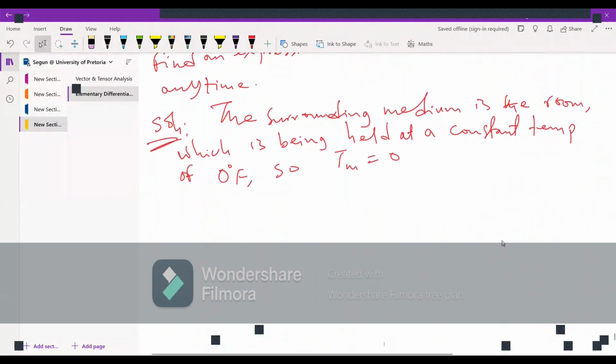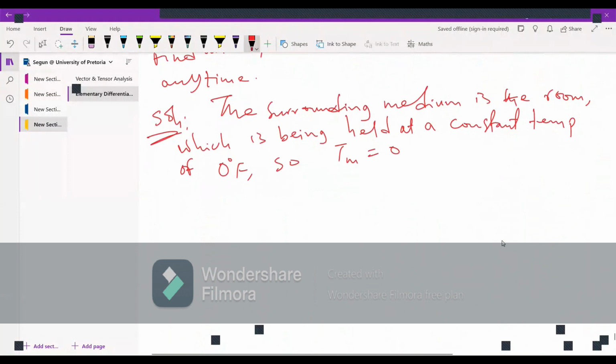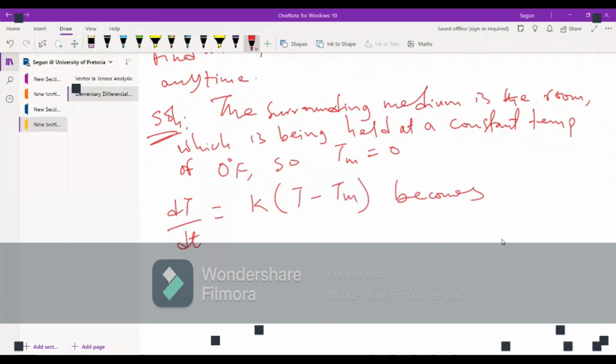Then dT/dt equals K(T minus Tm) becomes dT/dt plus kT equals to 0, since it's supposed to be k Tm, and Tm is 0 here, so everything there will be 0.